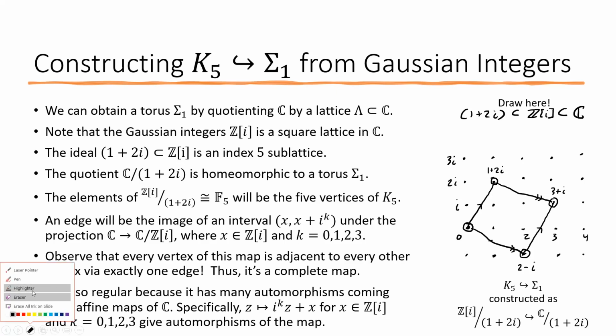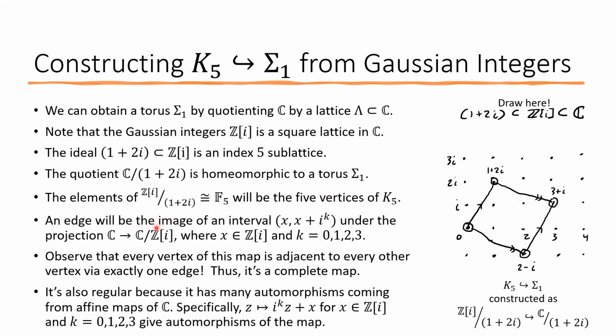So I have the square lattice, and the elements of the residue field will be the 5 vertices of my complete graph on 5 vertices. These 5 points on the square are one point, the equivalence class. And then in the interior of the fundamental domain, I have 4 points. Those will be the 5 vertices of a complete graph on 5 vertices.